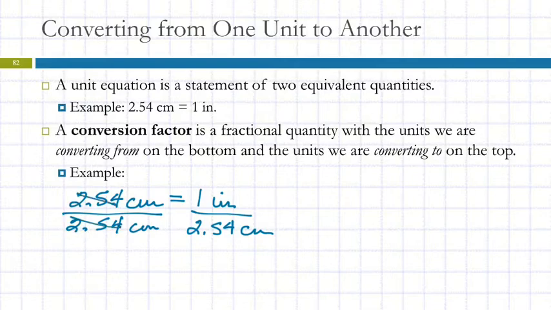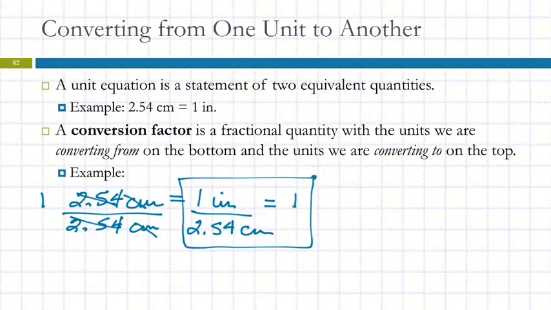So those cancel out, that's just 1. And centimeter divided by centimeter cancels out as well. So the result here is that this 1 inch divided by 2.54 centimeters is numerically equal to the number 1.